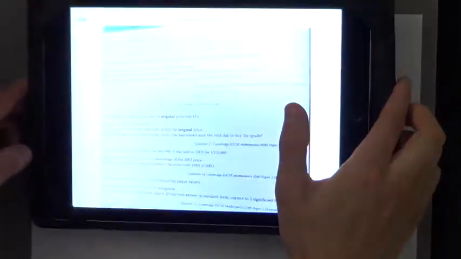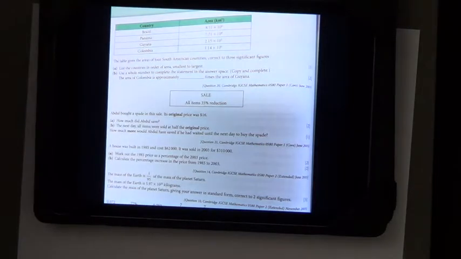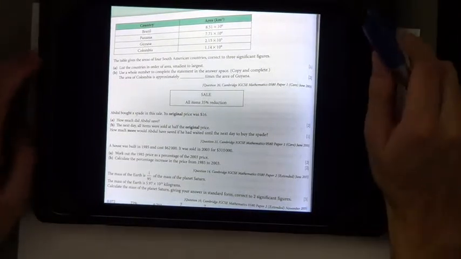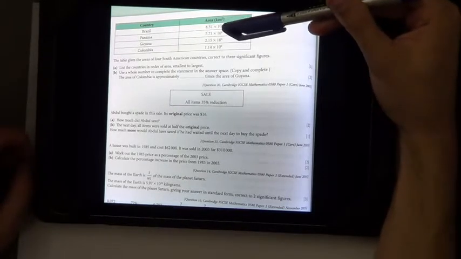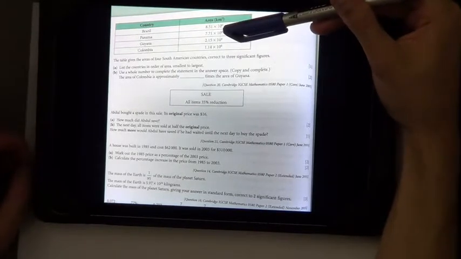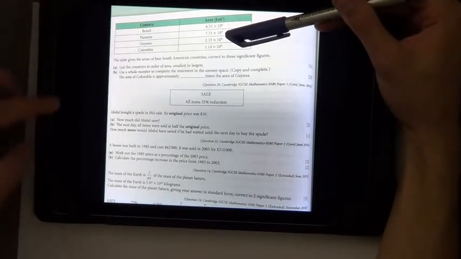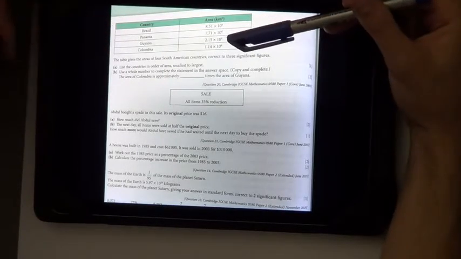So here's a table. The table gives the areas of 4 South American countries, correct to 3 significant figures. List the countries in order of area, smallest to largest. First of all we can see which has got the largest power of 10. Well, Colombia and Brazil have got 10 to the power of 6, but Brazil has got a larger first number, 8.51, compared to the 1.14.